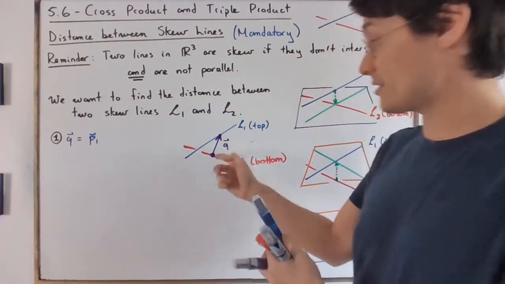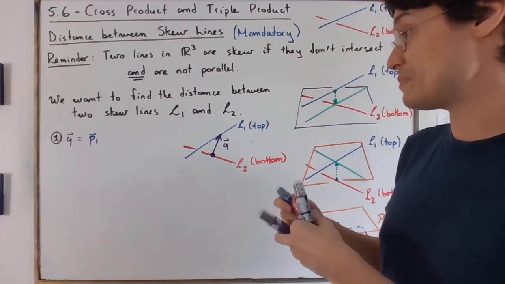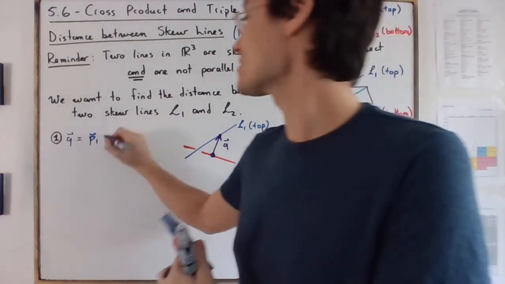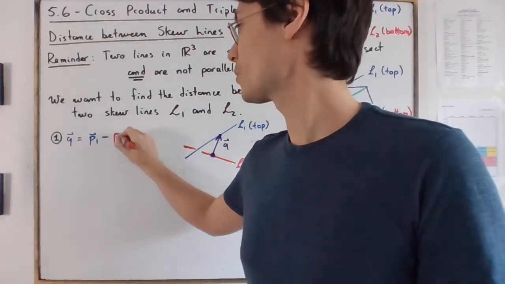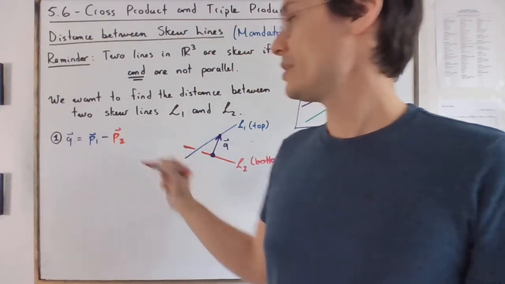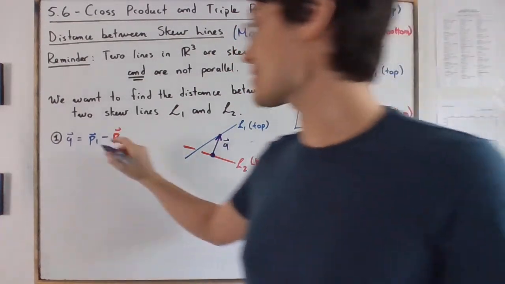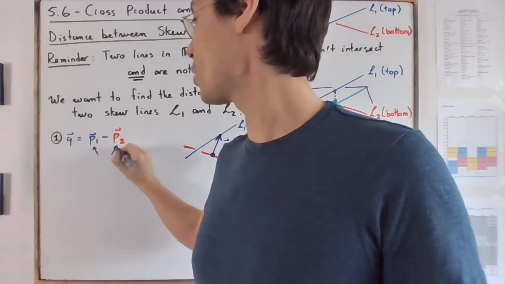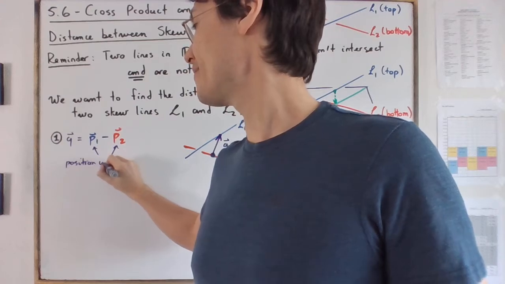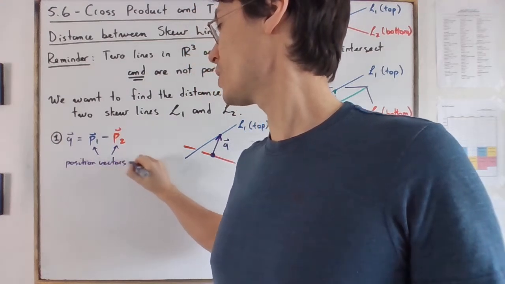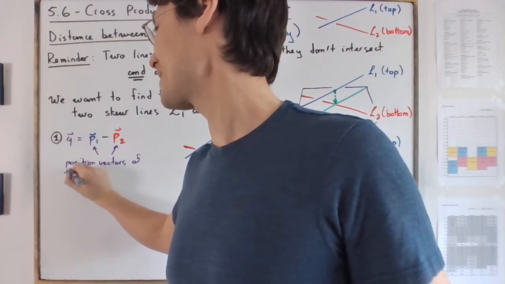This will create the vector right here. It will be P1 minus P2. Remember that these are position vectors of their respective lines.